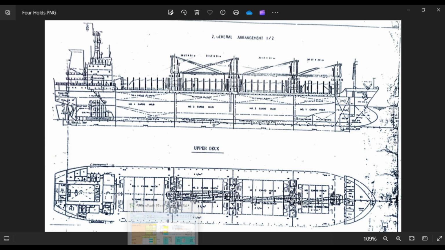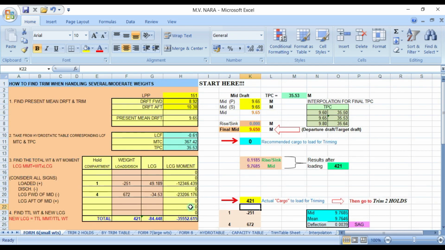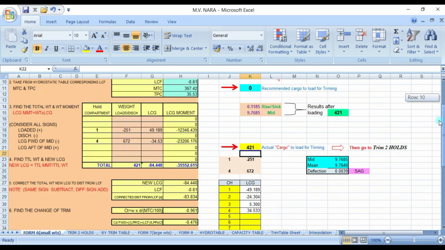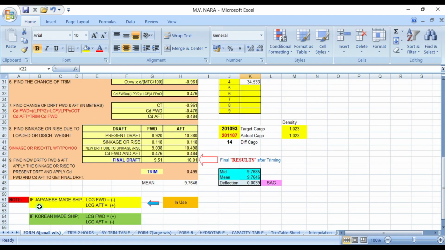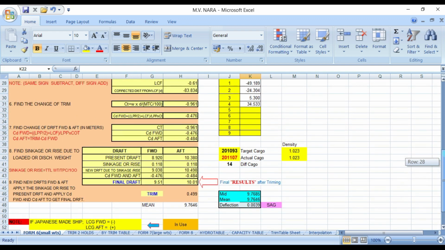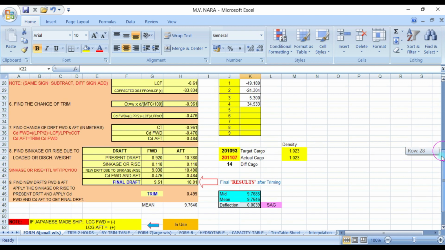As I showed you in the last video, as the rule says, if a Japanese made ship, LCG forward will be negative, meaning holds 1 and 2 are the forward part of the vessel, so that will be a negative sign according to the rule here.